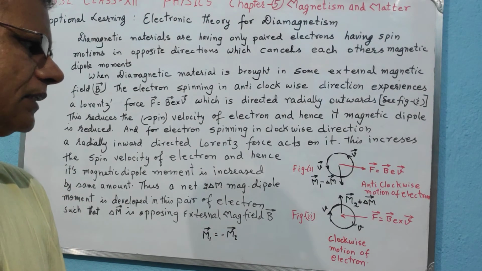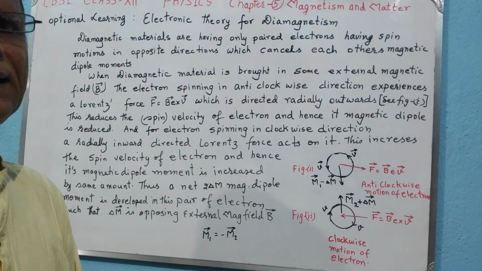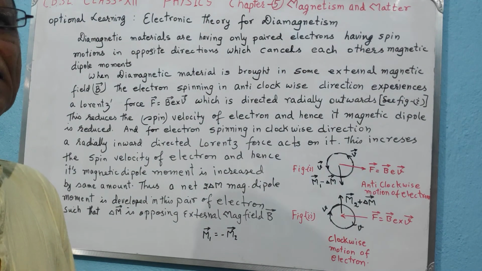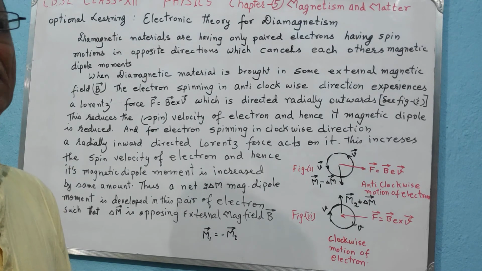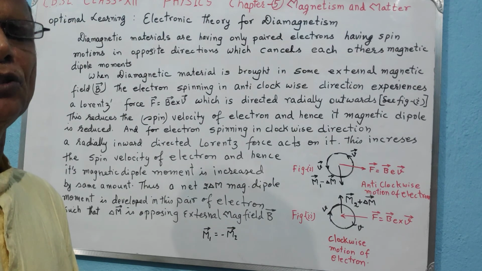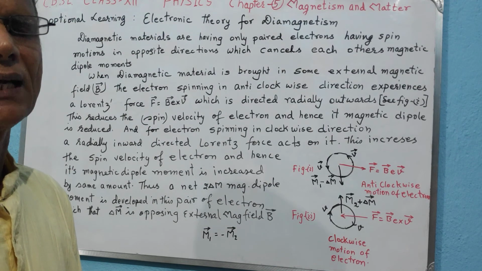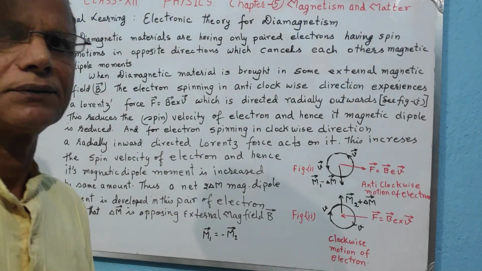So students, this is how we can understand why a diamagnetic material develops an opposing magnetic field when it is brought into an external magnetic field, and otherwise has no net magnetic dipole moment. Thank you and have a nice day.